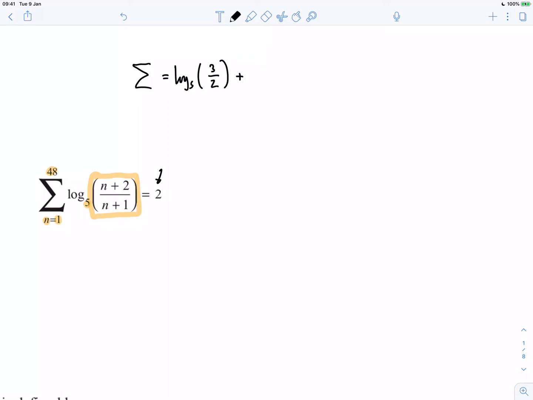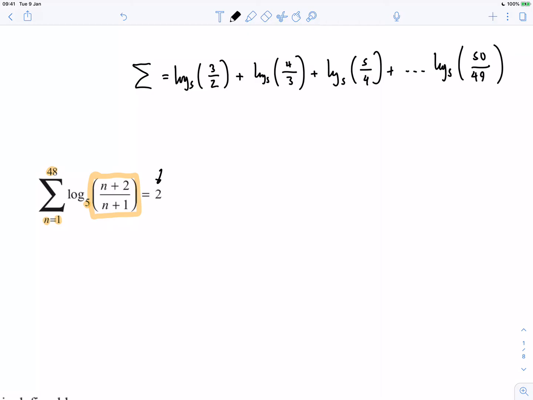When n is 2, I've got log base 5 of (2 plus 2, which is 4) over (2 plus 1, which is 3), plus, and then the third term is going to be log base 5 of (3 plus 2, which is 5) over (3 plus 1, which is 4), plus, and so on and so on. And then the last term is going to be log base 5 of, when n is 48, 48 plus 2, which is 50, over 48 plus 1, which is 49.